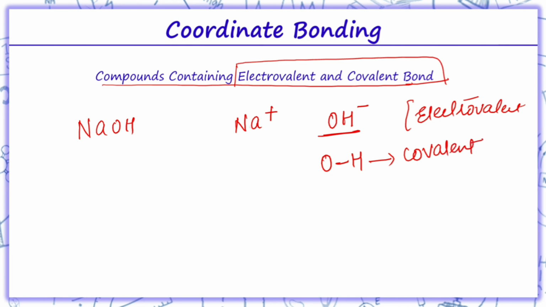Now how? Sodium donated 1 electron. That 1 electron is taken by oxygen, and 1 electron hydrogen and oxygen shared. So this is how hydrogen's duplet is complete and oxygen's octet is complete. Since oxygen has taken 1 electron, we write this OH with a negative sign in the whole.